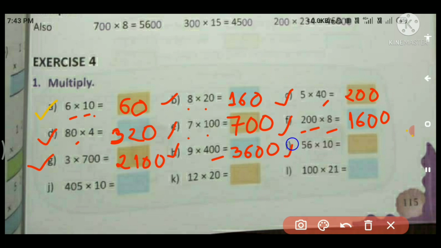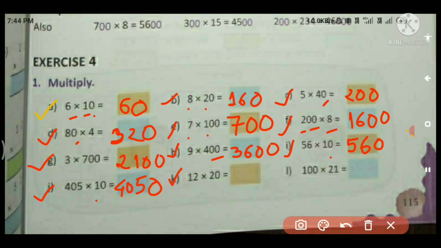Now see I part, 56 1s are 56. As I said, if we multiply any number with 1 we'll get the same number. And now we'll put this one 0 here. Now see J part, 405 multiplied by 10. We'll see only the one number, right? So we'll get 405, and now we'll add this 0 here.